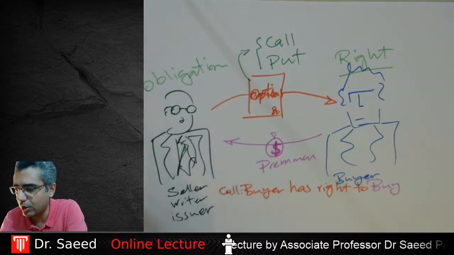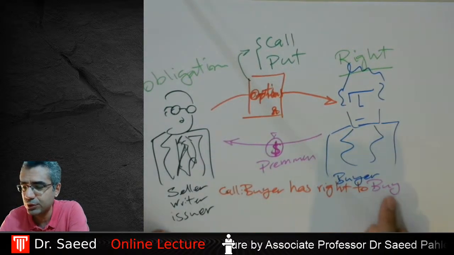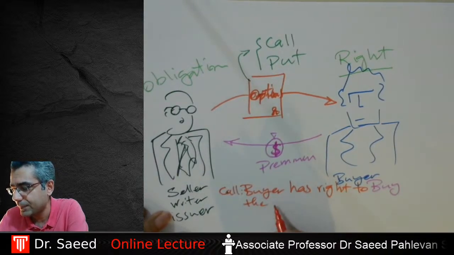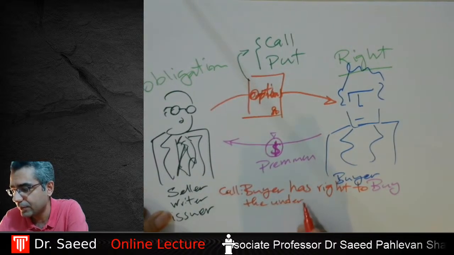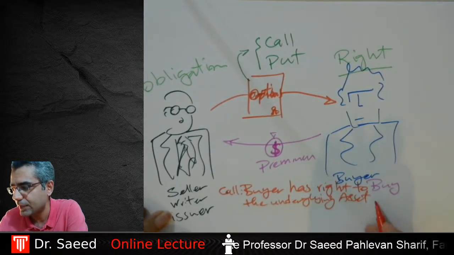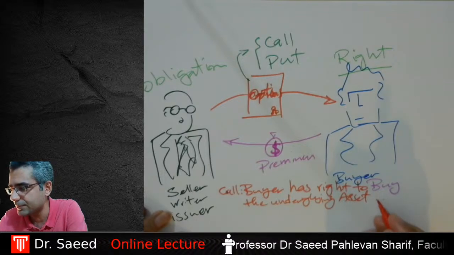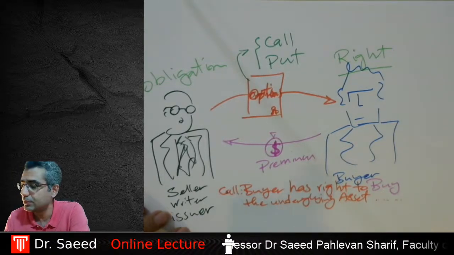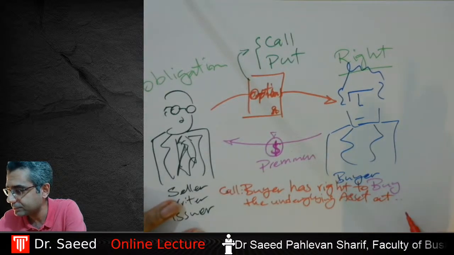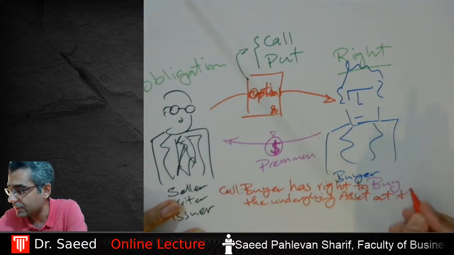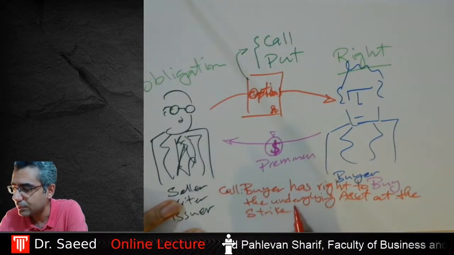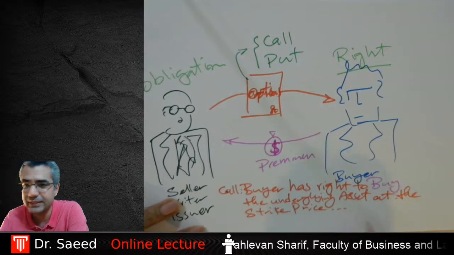So for a call, the buyer has the right to buy the underlying asset at a specified price, in, let's say, the next 3 months, right? At the strike price in the next 3 months, right?